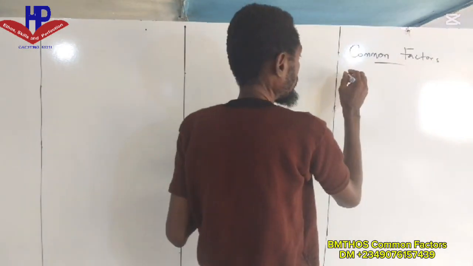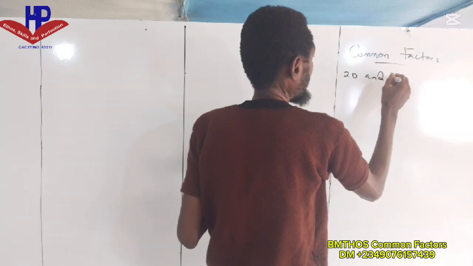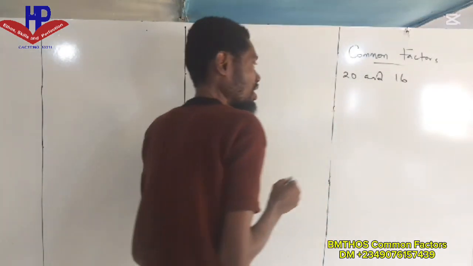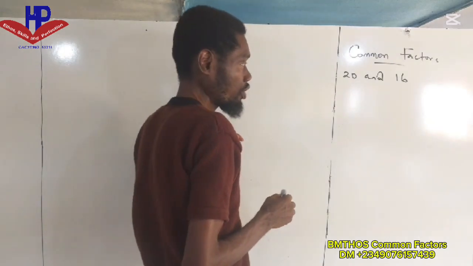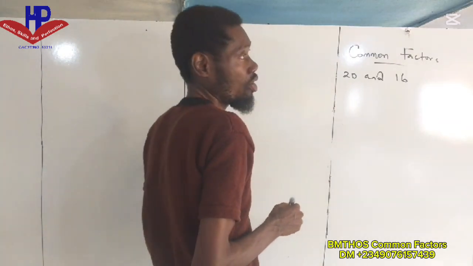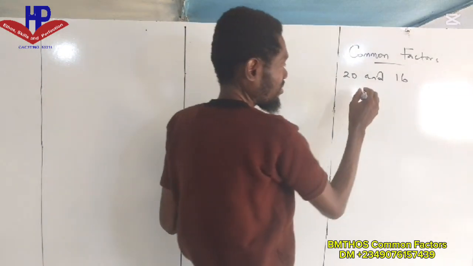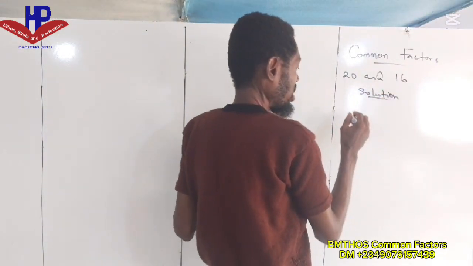We have 20 and 16. Let's find the common factors of 20 and 16. I've shown you how you can write all the factors of a given number. Let's start with 20.